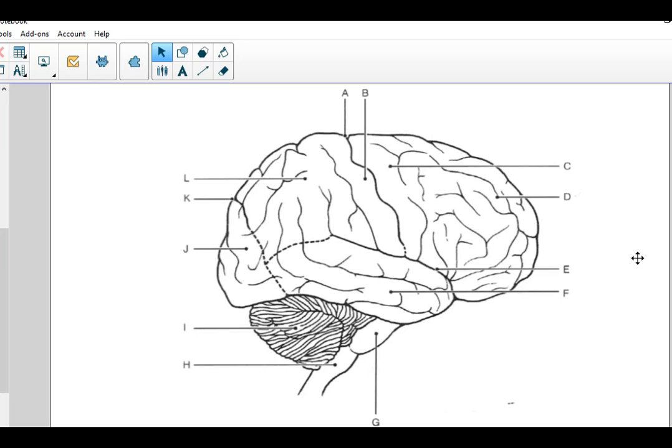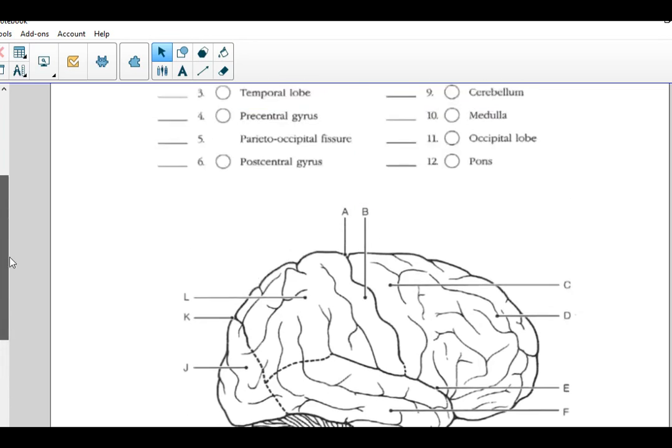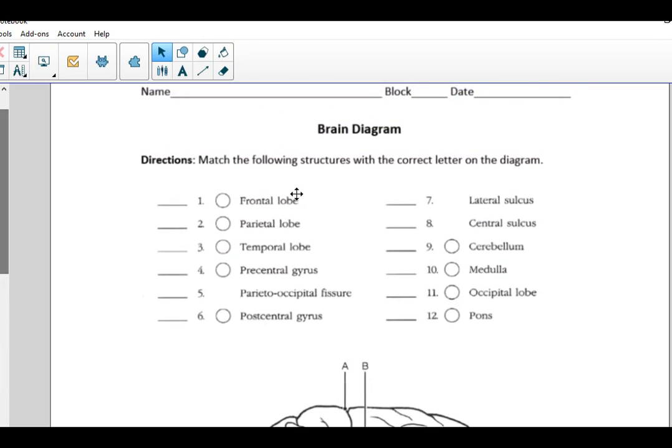So this is the ventral side or anterior side of the brain right here, and this is the posterior. When it comes to the major lobes of the cerebrum, they are in very similar places to the skull bones, and so you may find that helpful in your identification.